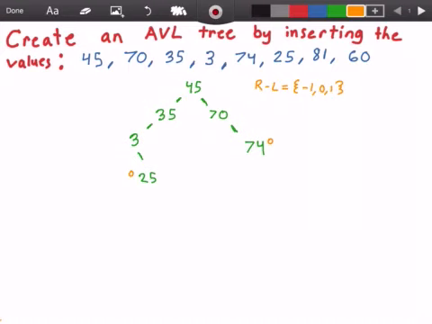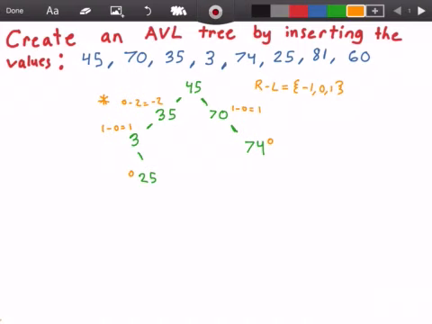So we do 1 minus 0, which gives us 1. 70, its balance factor is 1 minus 0, which gives us 1. 35 has a balance factor of, let's see, 0 minus 2, so we get -2. And -2 is not within our set, so this tells us that at this point the tree is unbalanced.